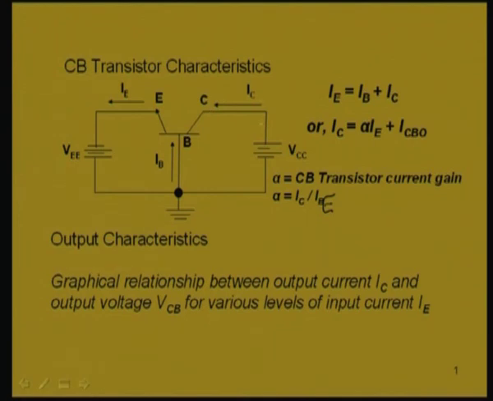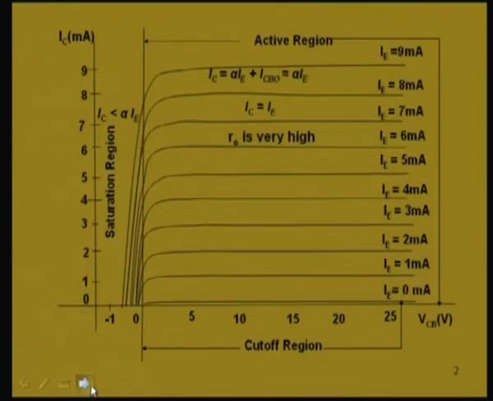But if we forward bias it, then after compensating for the hole current, it will flow in the opposite direction, and it will go in the reverse direction as we go on increasing the VCB in the forward bias condition.